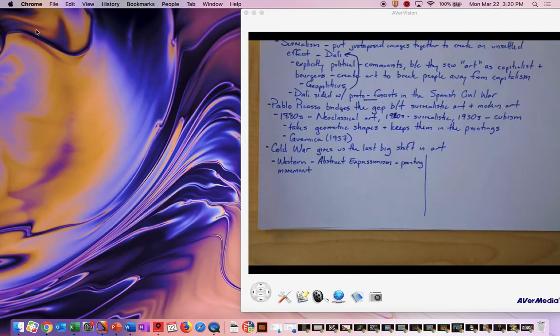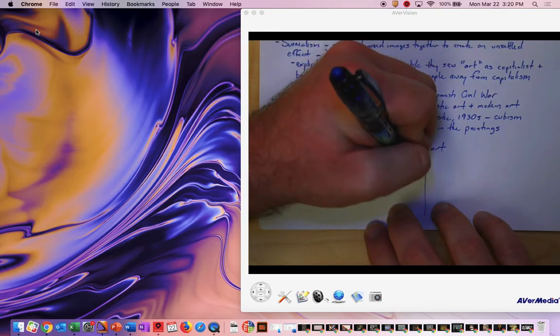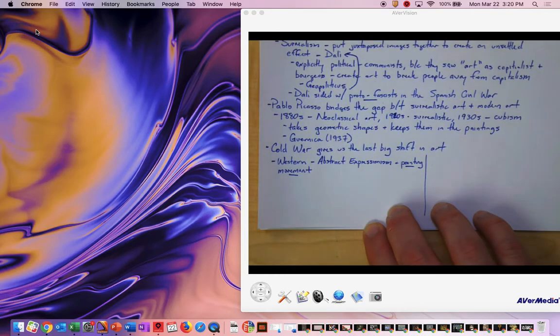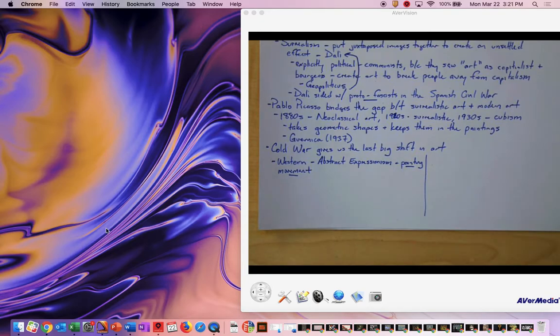That was one of the ideas of Romanticism. It was one of the ideas of Baroque art. But this is literally painting movement. Like, you're not really looking at the finished work. What you're trying to see is the actual movement of making the art.